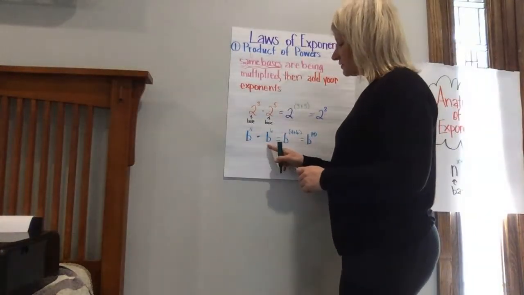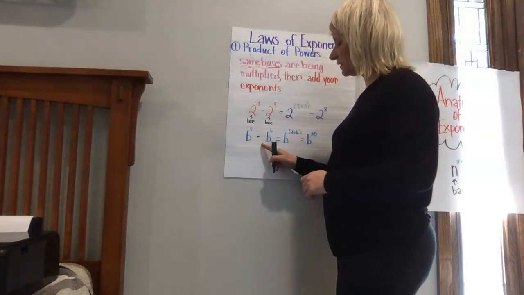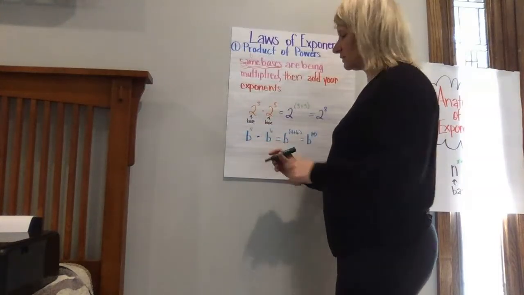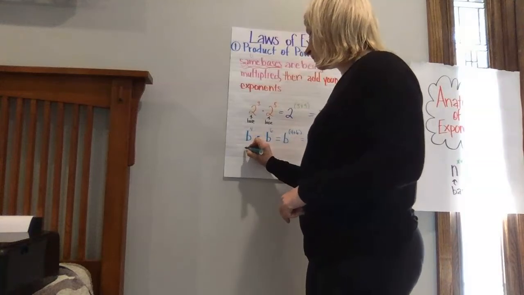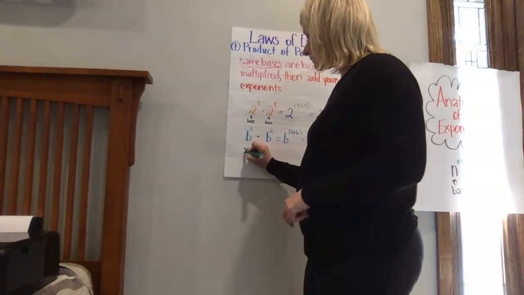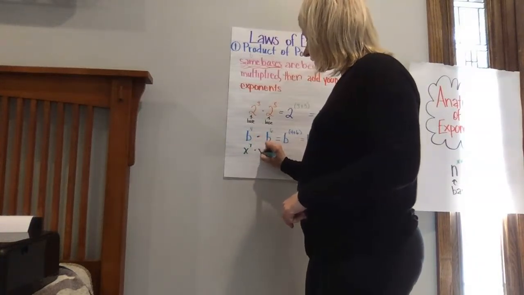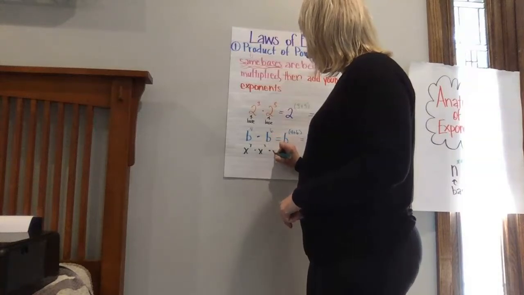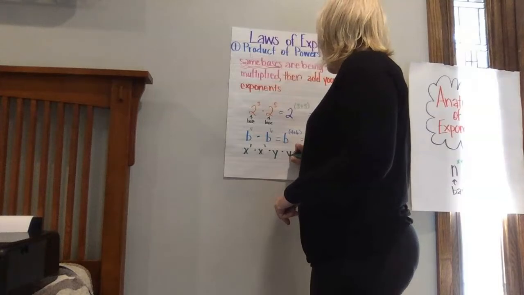I'll do one more. We can have more than one variable here, but remember we need to keep the variables that are the same together, just like we do in solving linear equations. So let's look at x to the 7th times x to the 3rd times y times y squared.